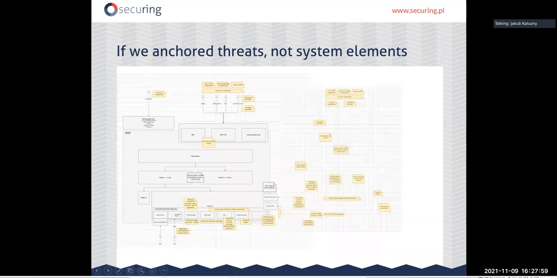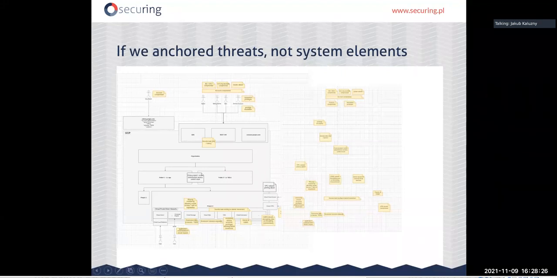So I simply ended up with deleting all of the components here, because moving the threats also changed the connections between the systems. Well, the connections stayed the same, but it was moved on the diagram, so the diagram didn't make much sense after changing the position of the threats and position of the elements that were attached to these threats.